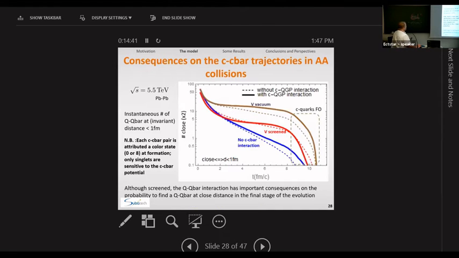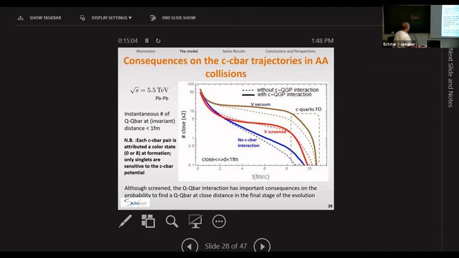But in the end, going by this center of mass strategy, what we could look at was the number of c and c bar that stay close together in time, as a function of time, for three cases. First, taking no c c bar interaction. That is really here, where the curves are the lowest, so basically nothing is preserved at the end.